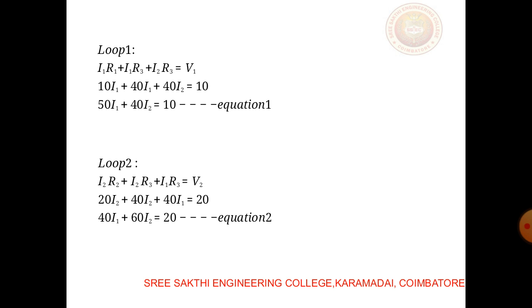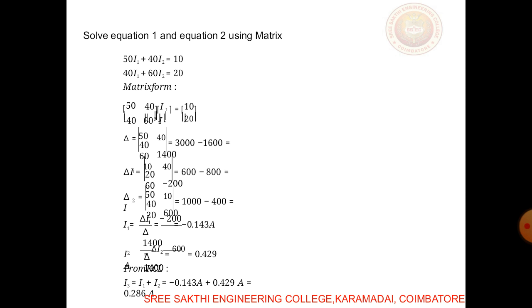The equation we get at the last is 50I1 plus 40I2 is equal to 10. Equation 2 for the second loop is 40I1 plus 60I2 equal to 20. Using the matrix form, the equations are solved, and we get the final answer at the last.